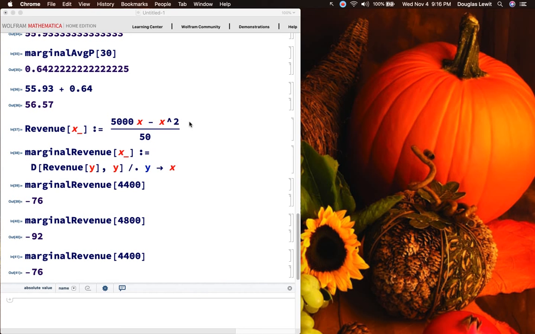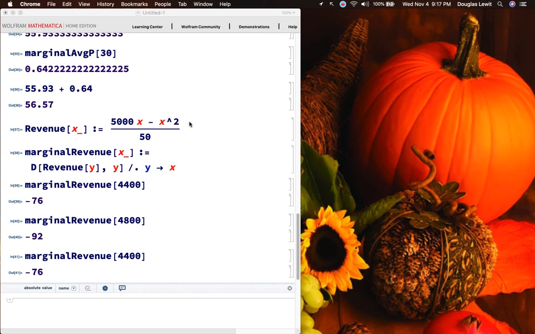I strongly encourage everyone in the class to use Mathematica, because if used properly, Mathematica will really help you tremendously and will allow you to get through these problems much faster.